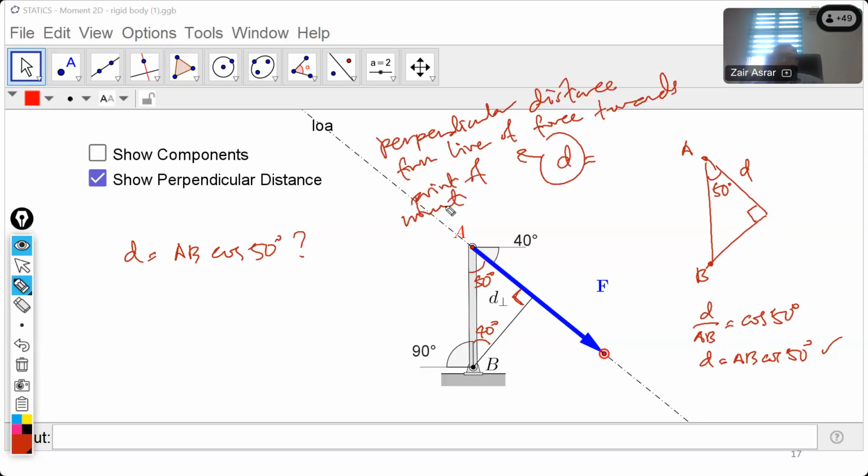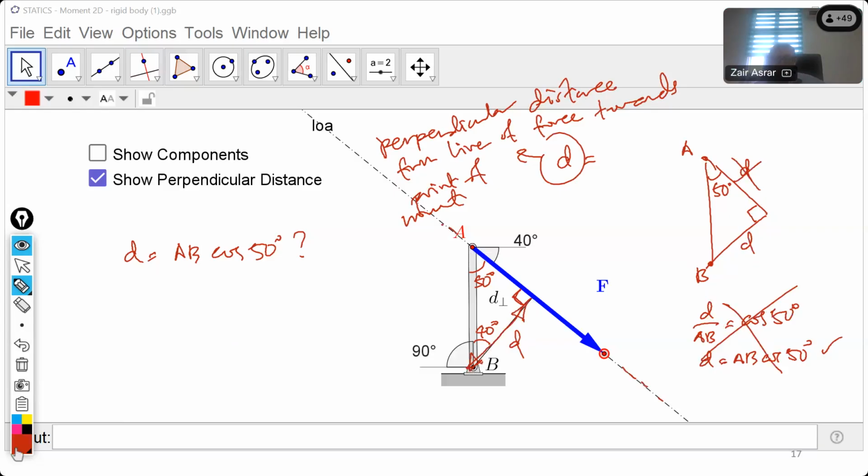In this case, our point of moment is point B. The line of force is this line, and D is actually from the line towards B. So this is our D, and this is not our D. D is here, so these two are no longer true.